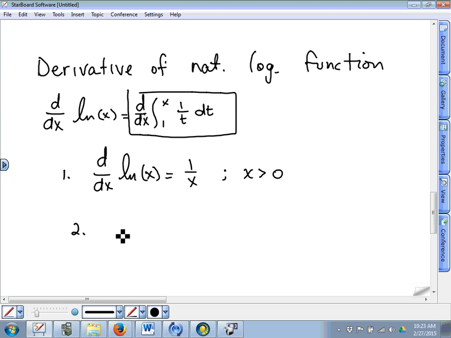The second property, this one right here, is a chain rule. What if you're taking the derivative of the natural log of u, where u represents another function? Use property 1. Let's see if you can figure it out.